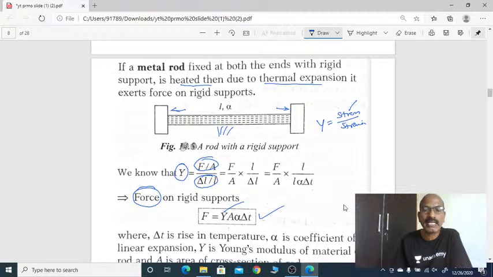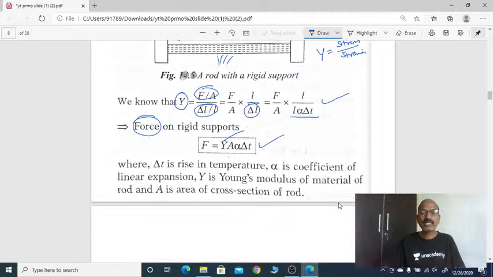So we get F by A into L by delta L, where delta L, the increase in length, is L alpha delta T. Finally, the force on the rigid support is Y A alpha delta T: Y is Young modulus, A area of cross section, alpha coefficient of linear expansion, delta T rise in temperature. Keep this in mind.